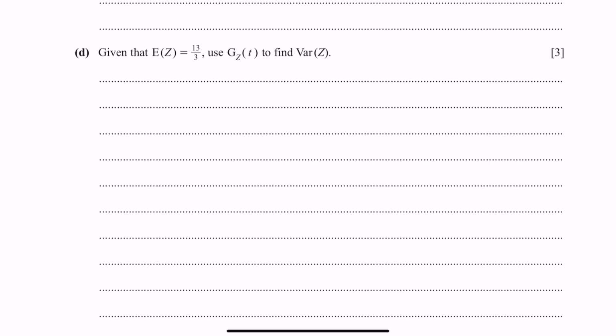Part D. Given that E of Z equals 13 over 3, use G_Z(t) to find the variance of Z. So we know that the formula for variance would be G prime 1 plus G prime prime 1 minus the square of G prime 1.